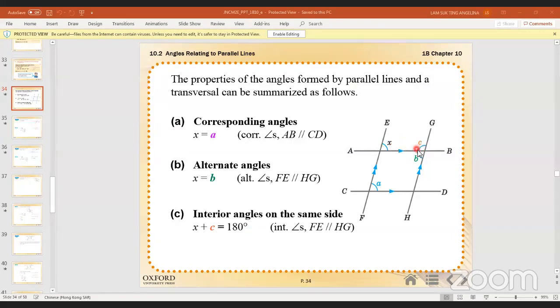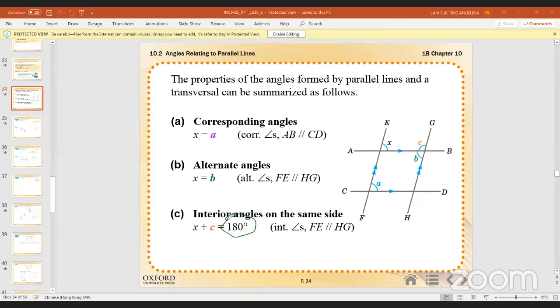In this case they are not equal. The relation between these two angles is that the sum of these two angles is 180 degrees. This one you have to be very careful about, and later I will point out once again.